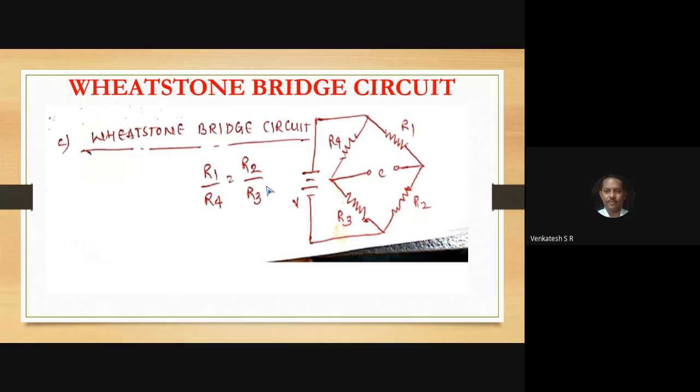In the Wheatstone bridge, you can use the electrical strain gauge. In the next module, you have to study strain measurement. There you have to use the Wheatstone bridge for measurement of axial strain, bending strain, and torsional strain. You know the resistances of R1, R2, R3, and R4. Remove R1, and in place of R1 you connect the strain gauge, a metallic electrical resistance gauge.